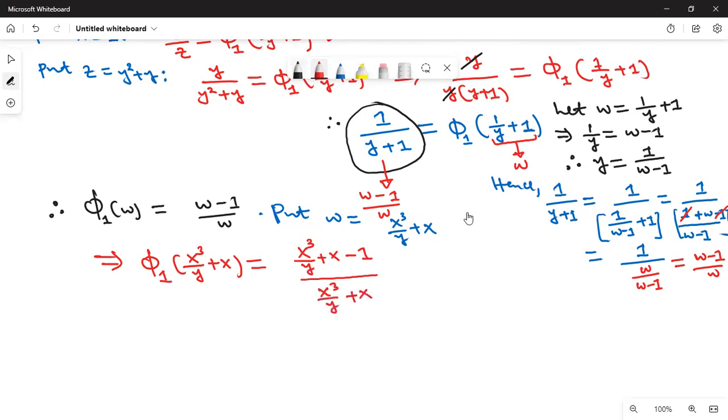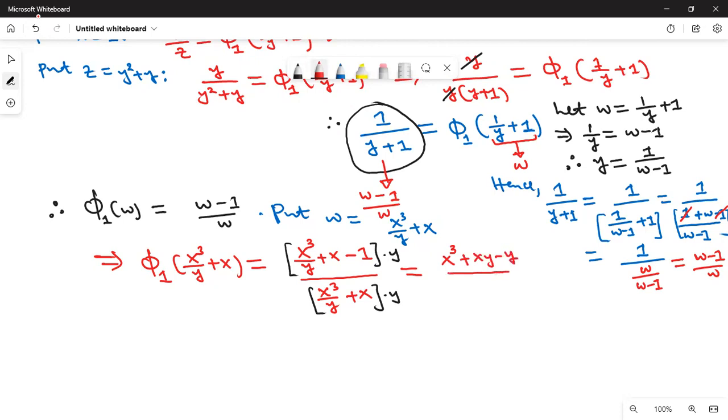If I multiply both numerator and denominator by y, let's multiply by y. That's a multiplication. Let it not confuse you. What I'm multiplying here is dot y, and even here times y, numerator and denominator. So what are we going to get? In the numerator, we are going to get x cubed plus xy minus y.